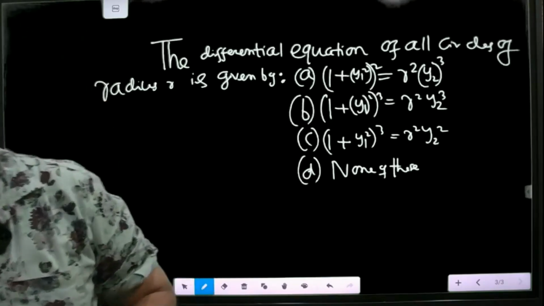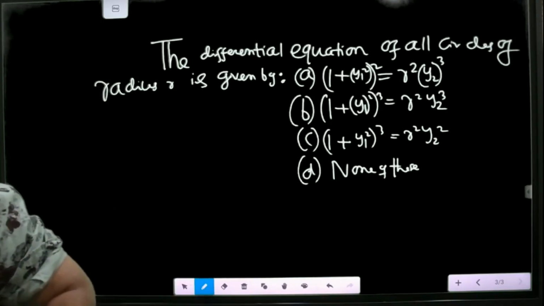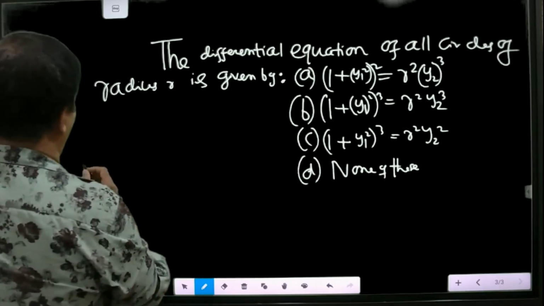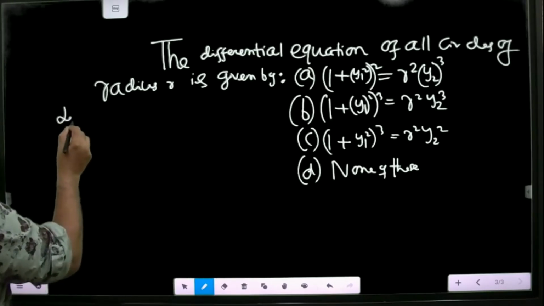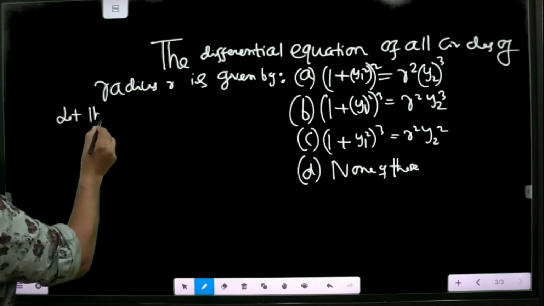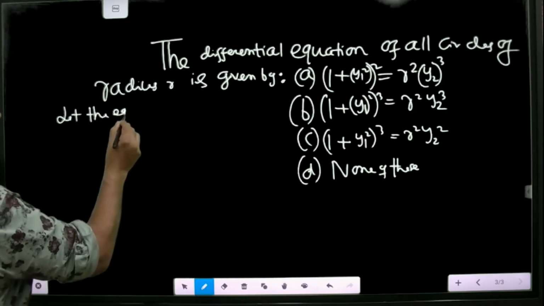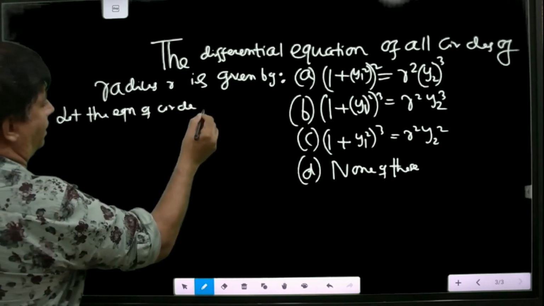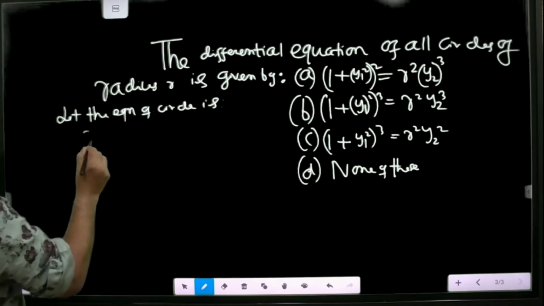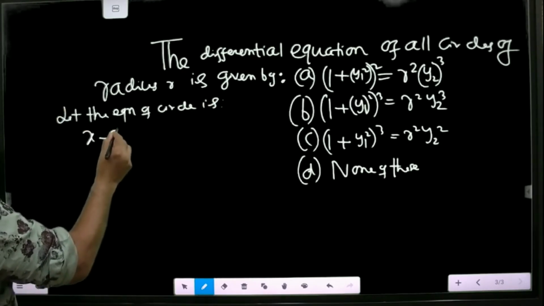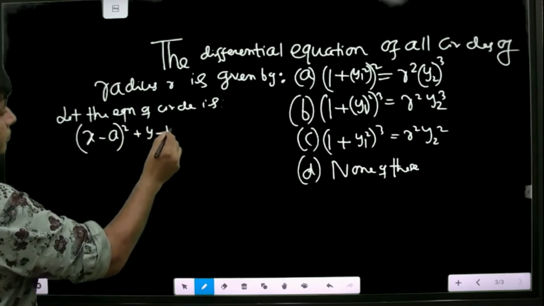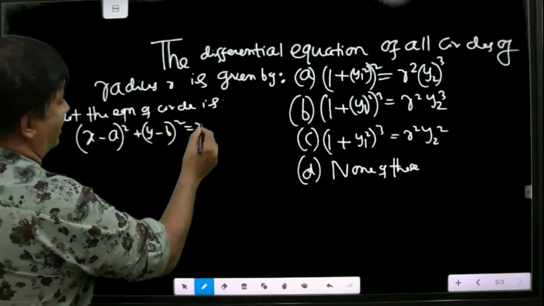Okay. So, let us start in this way. Let the equation of the circle be (x minus a) square plus (y minus b) square is equal to r square.